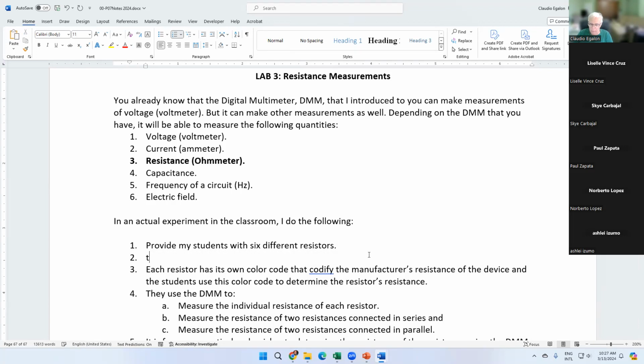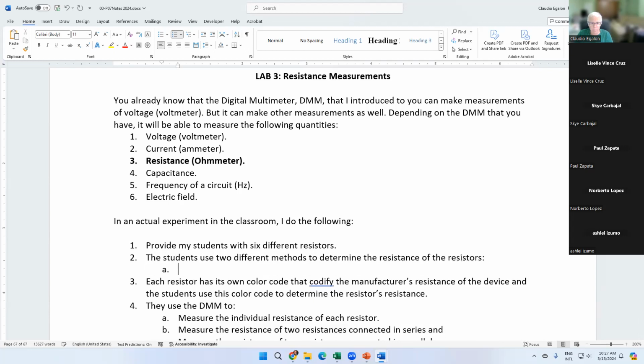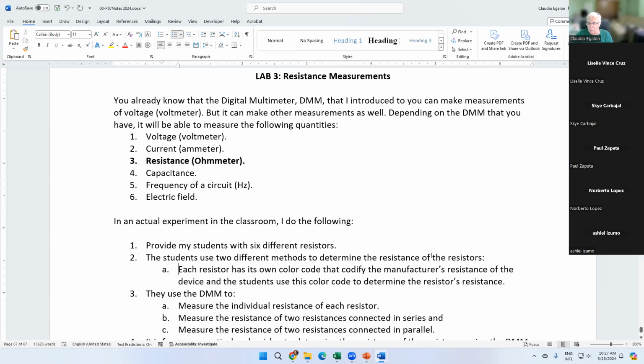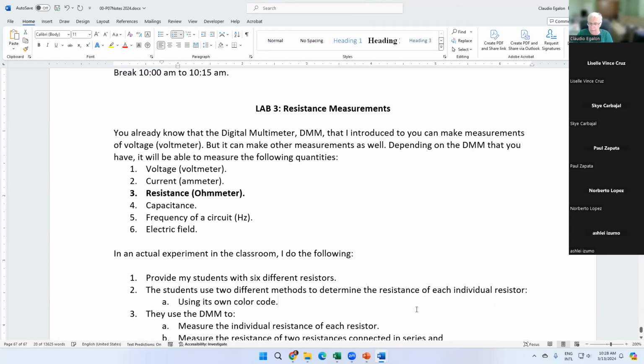And let's see. The students here, I'm elaborating, use 2 different methods to determine the resistance of each individual resistor: using its own color code, and using the DMM.